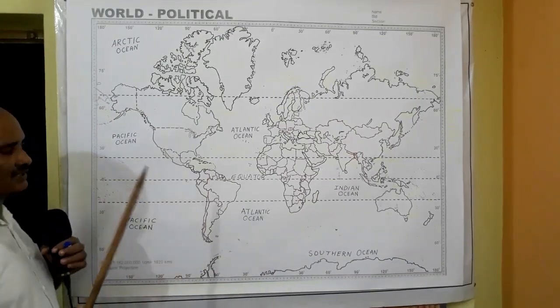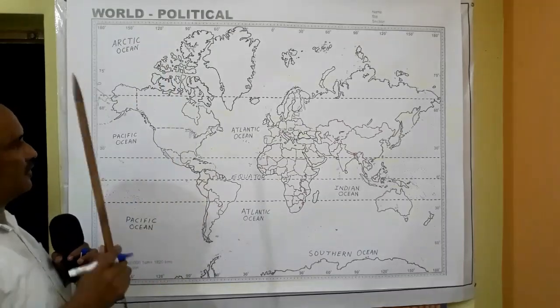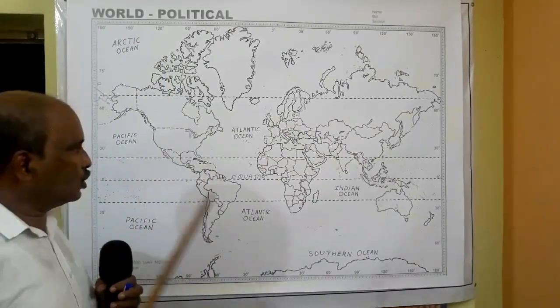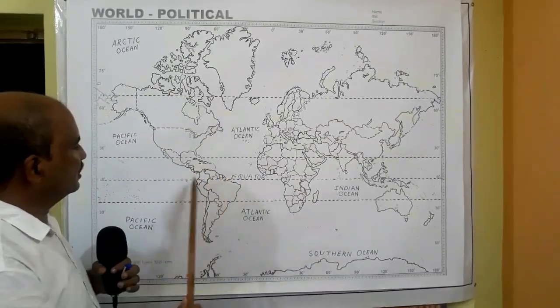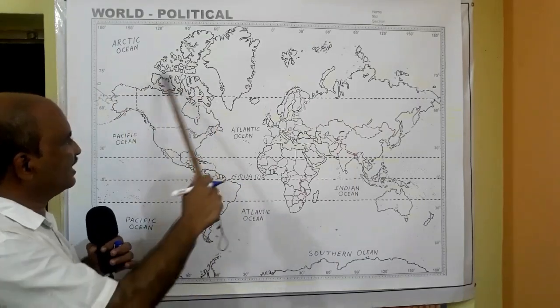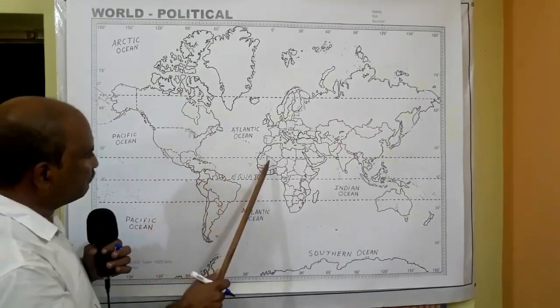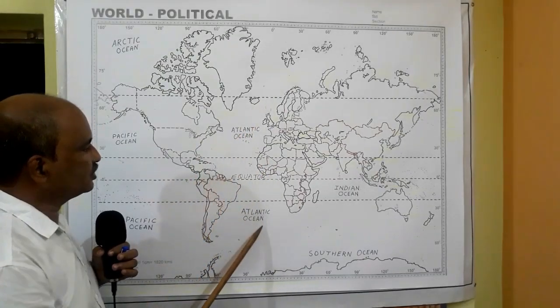Now let's start. When we see these continents, first the point is, what is a continent? A continent is a huge landmass comprising several countries and separated from each other by the oceans.